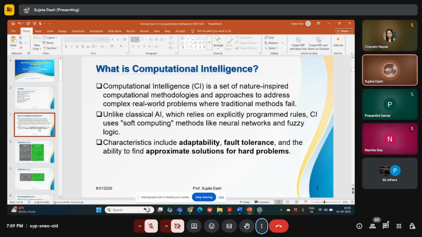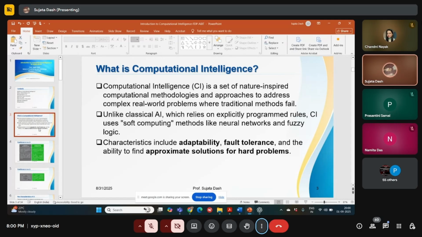In that case, we go for an approximate solution. Then the next is robustness and complexity. It handles highly nonlinear, high dimensional, and dynamic problems very effectively. So this is a brief introduction.